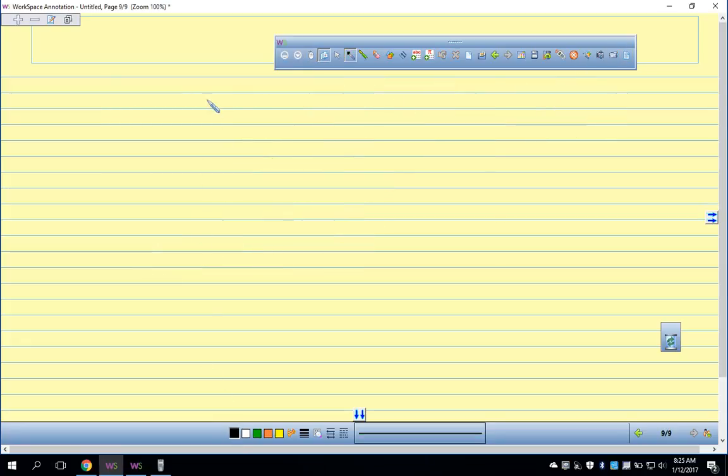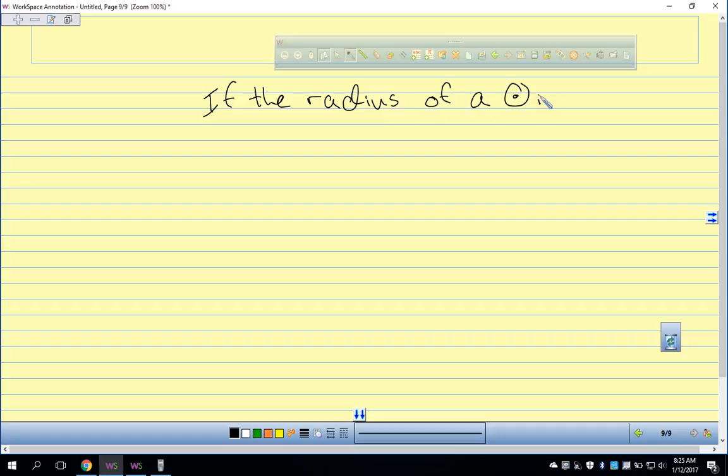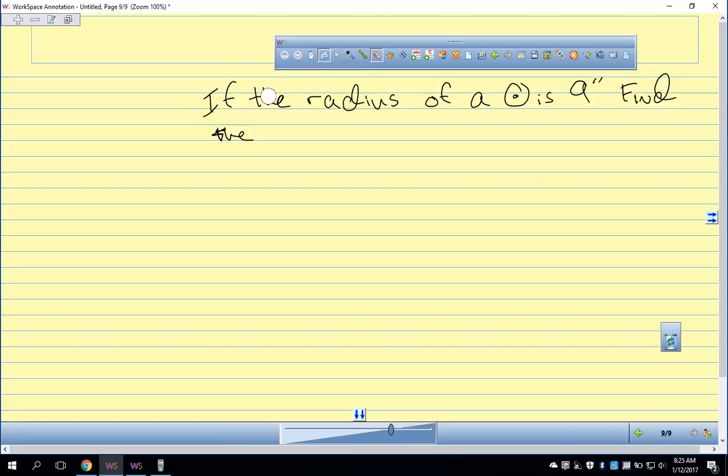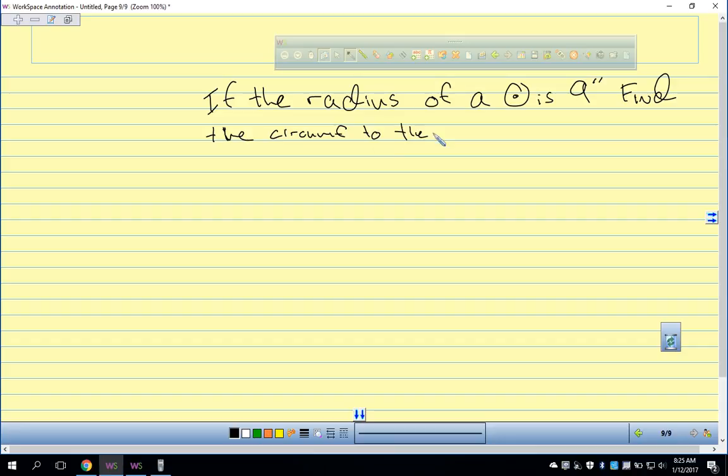If the radius of a circle is 9 inches, find the circumference exactly first, and to the nearest tenth, okay?